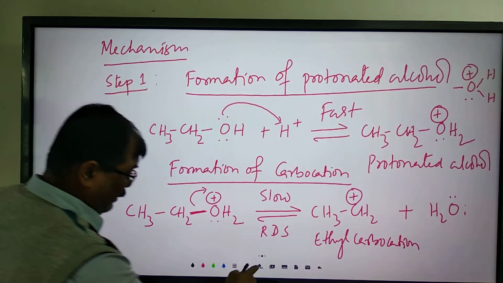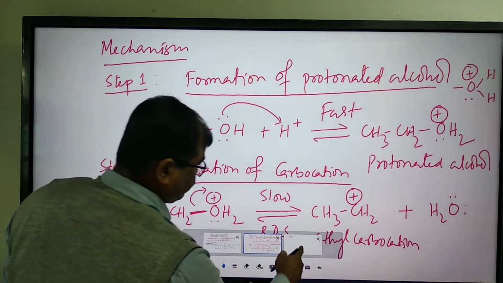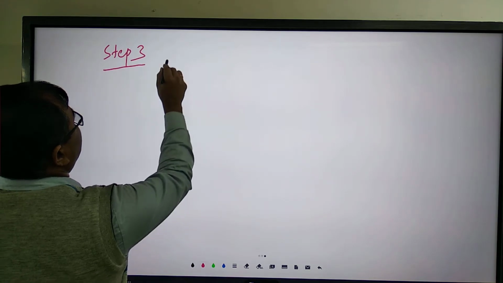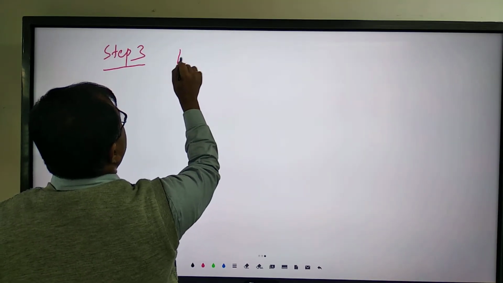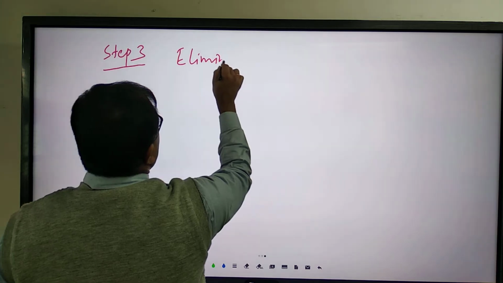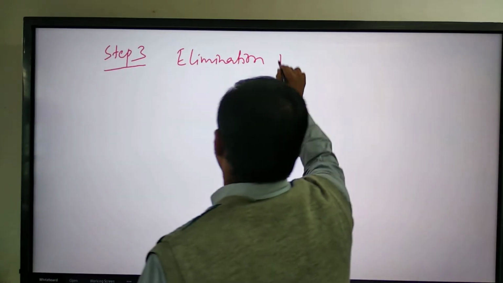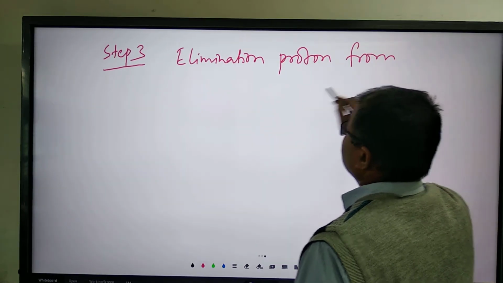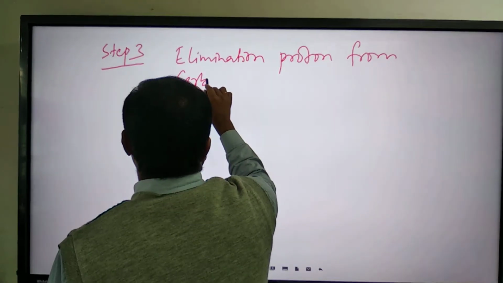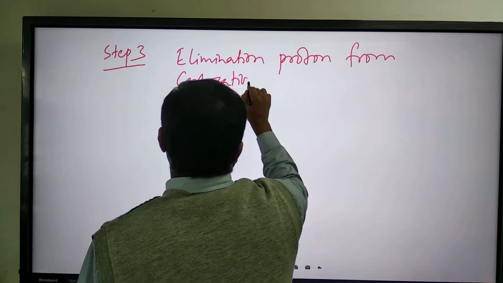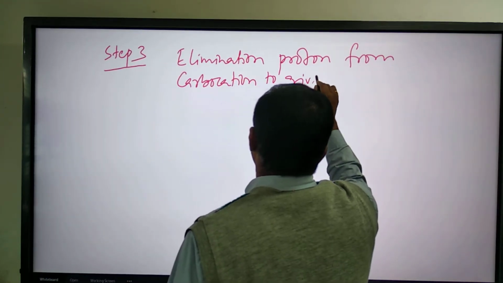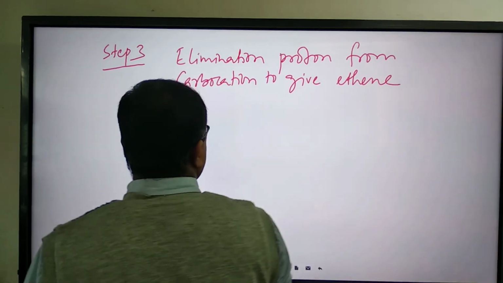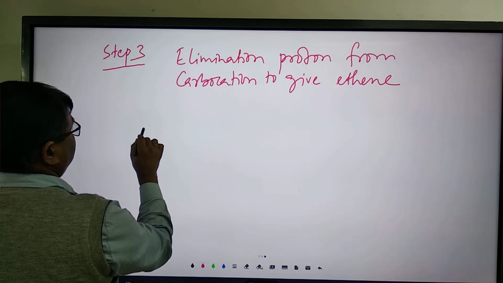Now how is it eliminated? Let us see. Step 3 is elimination of proton from carbocation to give finally ethene.